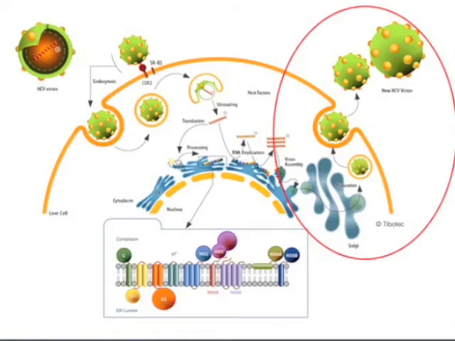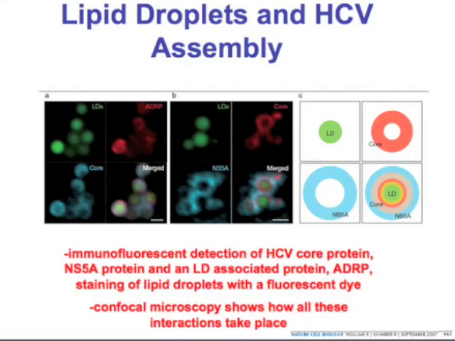Now where are we? We are going to talk about the last part of the virus life cycle, the assembly and maturation of virions. This is a really recent, very cool paper, showing that lipid droplets are the site of HCV assembly.